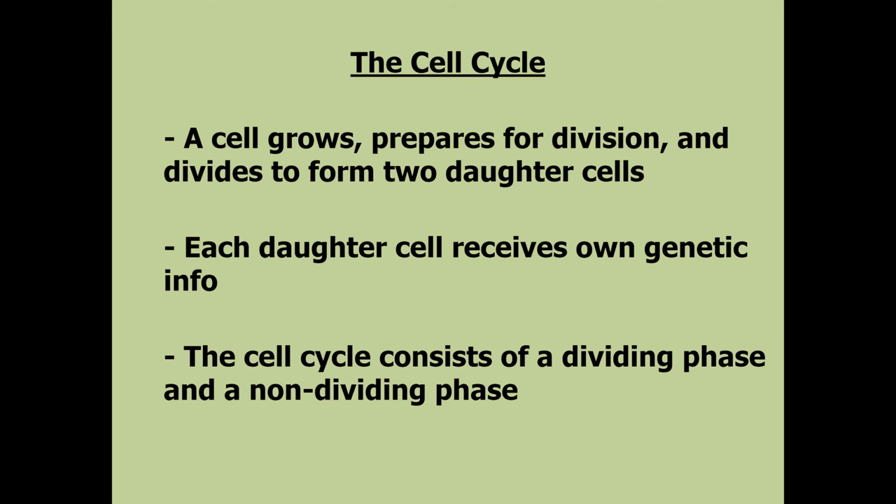The sperm fertilizes the egg, and that thus creates or kicks the cell cycle into gear. So each daughter cell, or each of these two cells that comes from the one cell, receives its own genetic information, and the cell cycle consists of a dividing phase and a non-dividing phase. We talk about this dividing phase in all the different stages, but what we don't talk about as much is the non-dividing phase, which is actually the most prominent phase or the phase that lasts the longest.